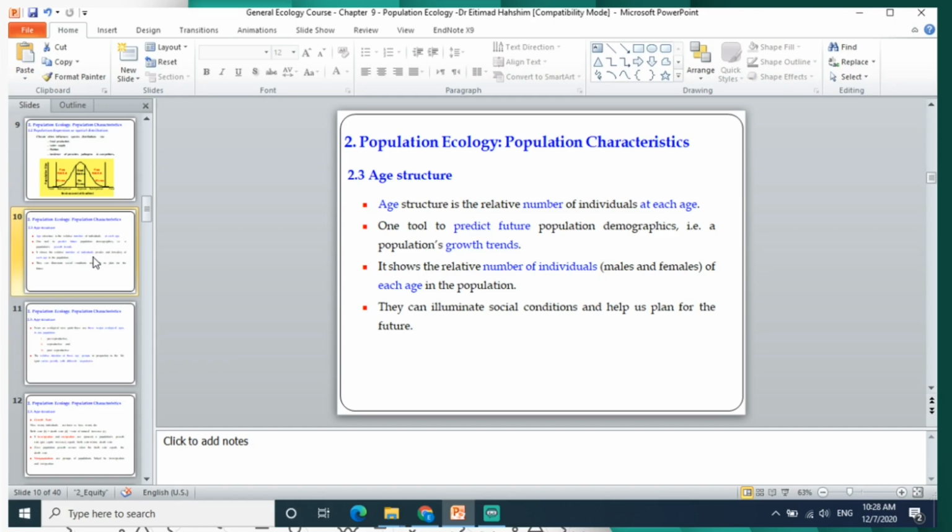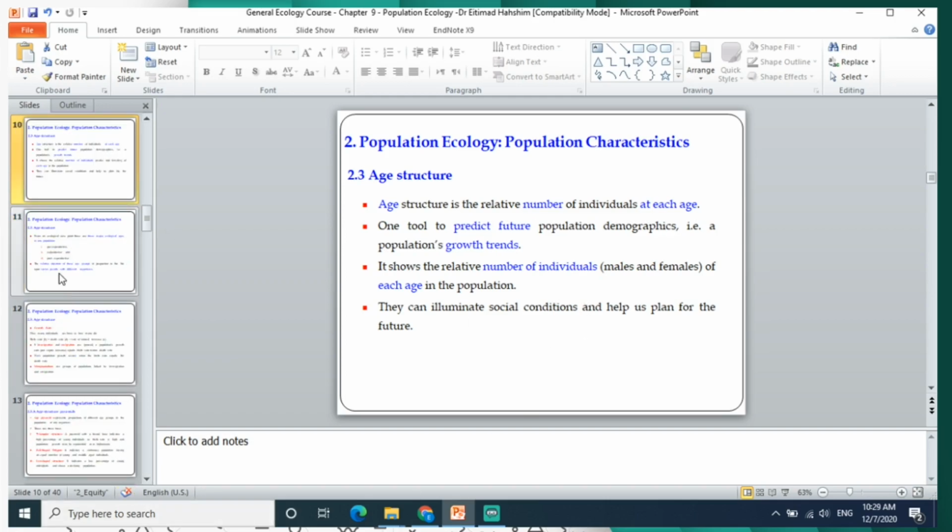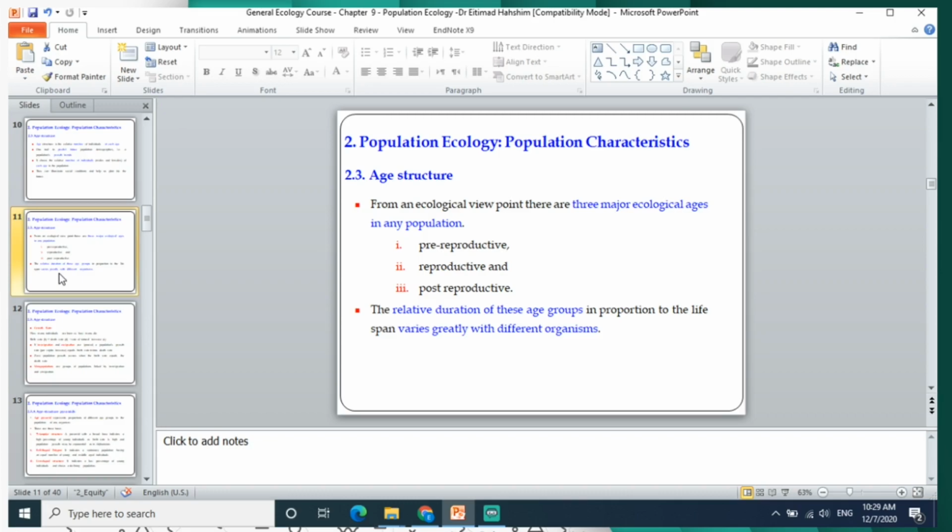It can also reveal social conditions and help us plan for the future, to make a prediction for the future, especially for human populations. So from an ecological point of view, there are three major ecological ages in the population.